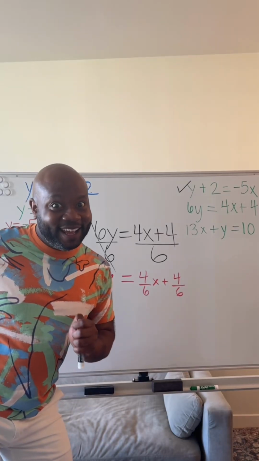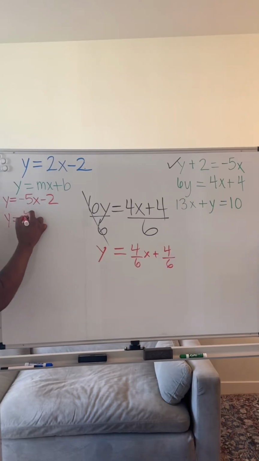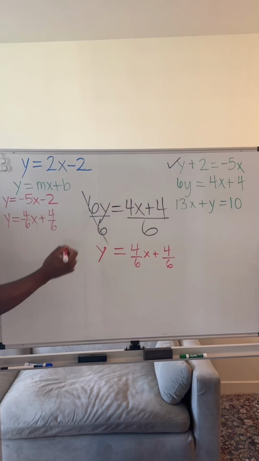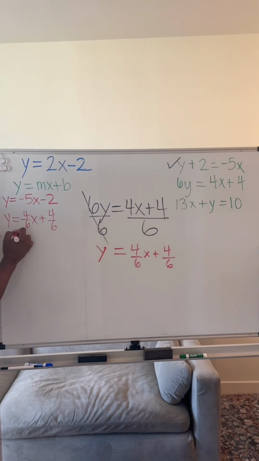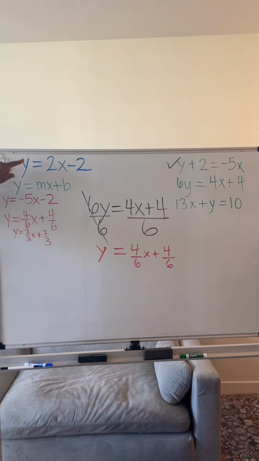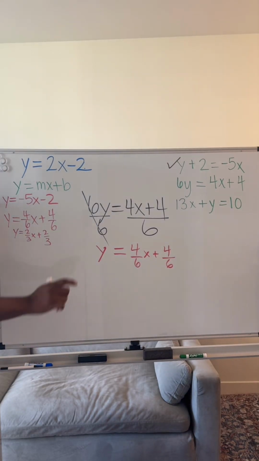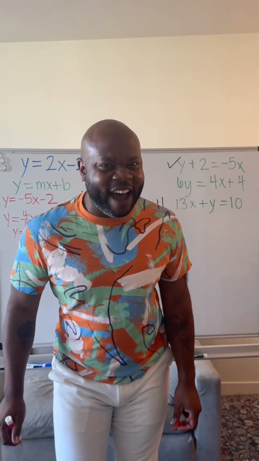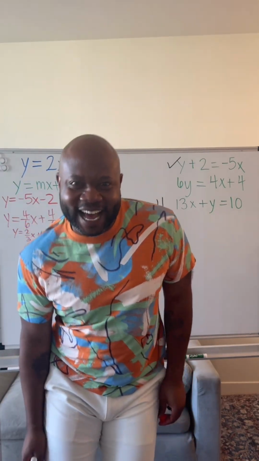Are we getting it? Y equals 4 over 6x plus 4 over 6, or y equals 2 over 3x plus 2 over 3. Now, does this look like this? All these are in slope-intercept form, right? They have a slope, which is 2 over 3. They have a y-intercept. Yes, we have one final one to go.